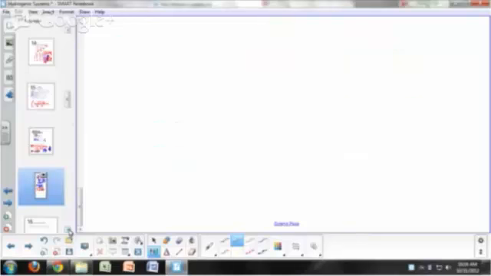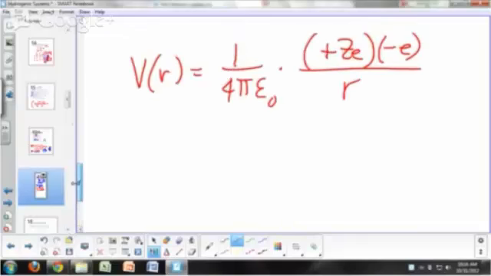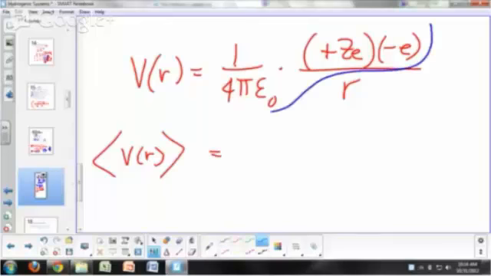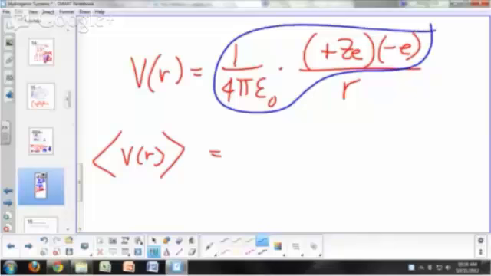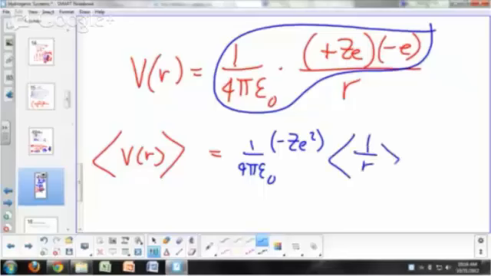So how do I get the average potential energy? Well, this whole thing is just a constant. I can just pull that out of my integral, right? So that's going to be 1 over 4 pi epsilon naught times negative ZE squared, times the average value of 1 over R. What's the average value of 1 over r?